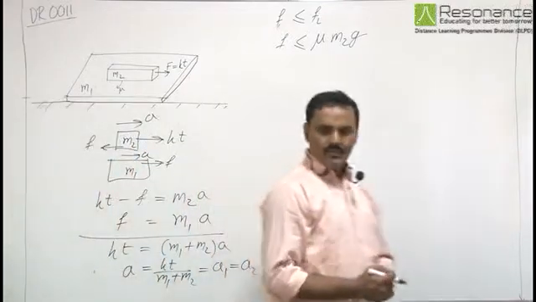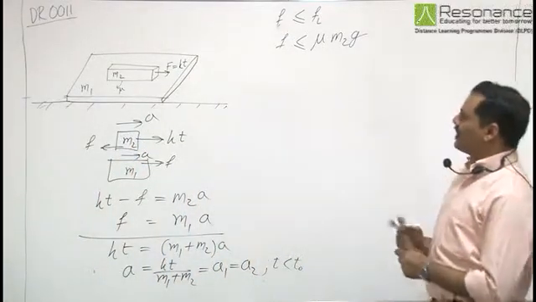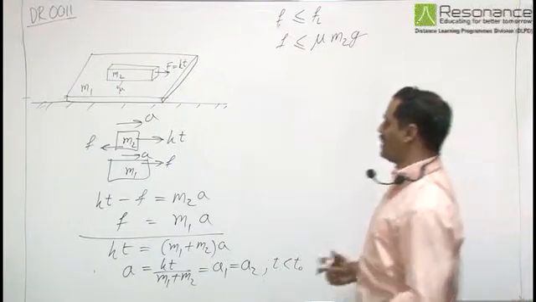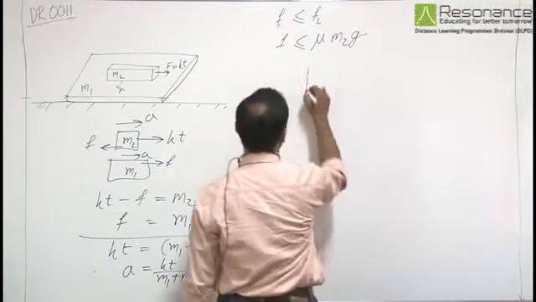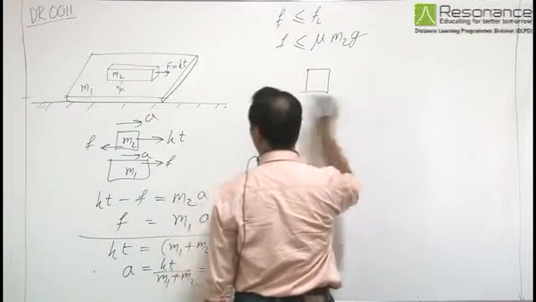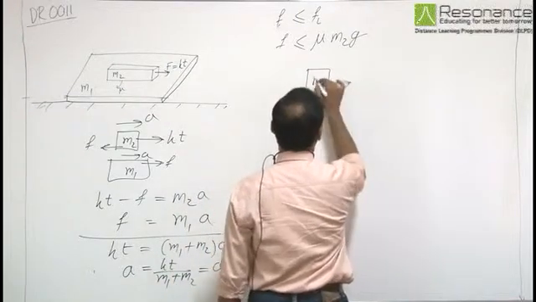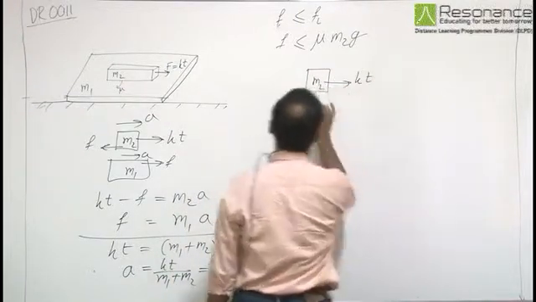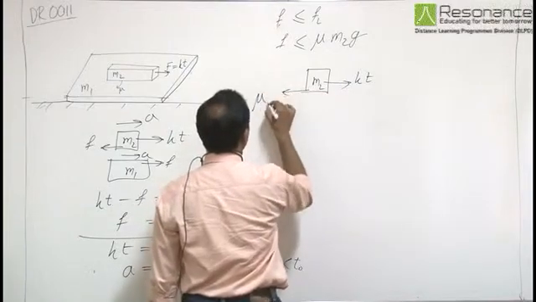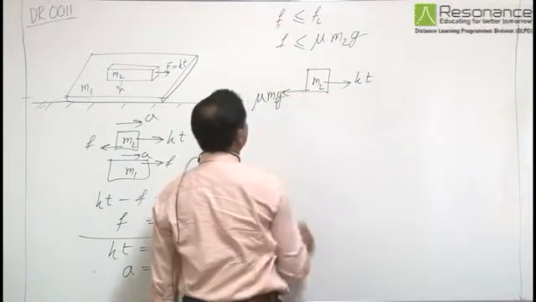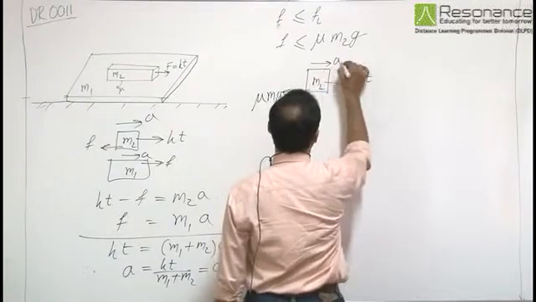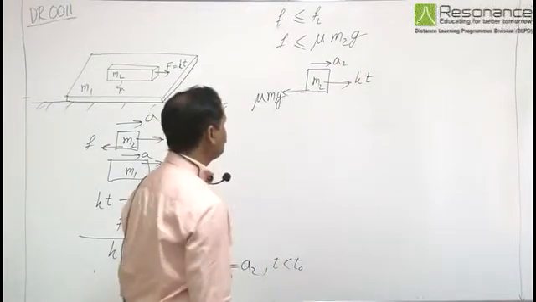Now when the frictional force has reached the limiting friction, the force on m2 is kt forward, mu m2 g backward, and let the acceleration be a2.